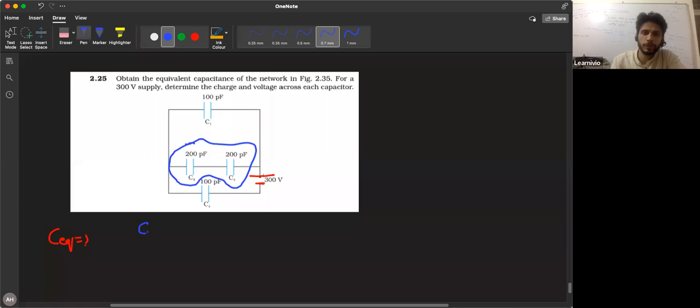So we will take the series combination of C2 and C3. What is the formula for the series combination of two capacitors, Hishma? Shortcut method for the series combination of two capacitors.